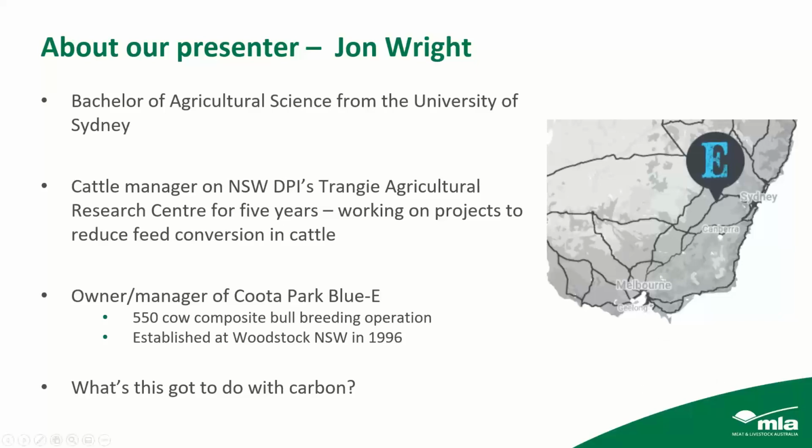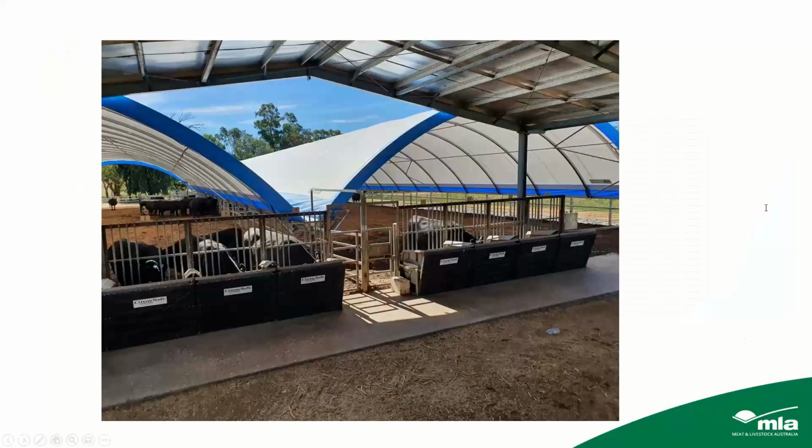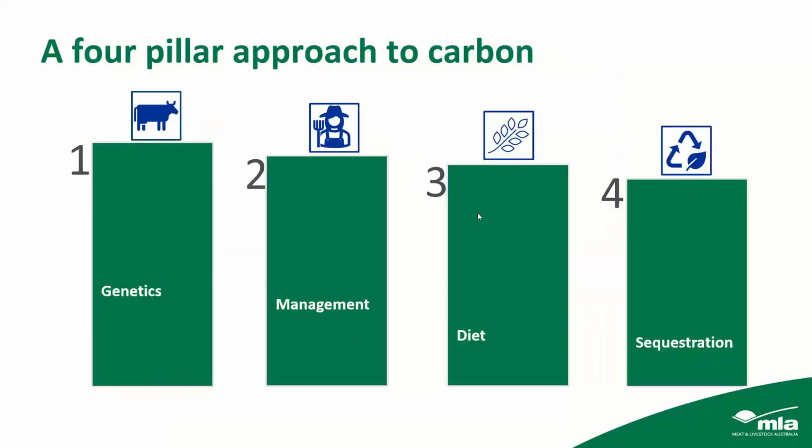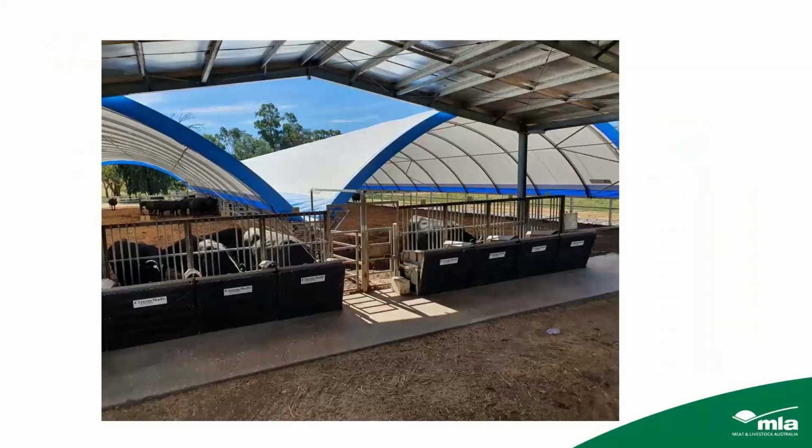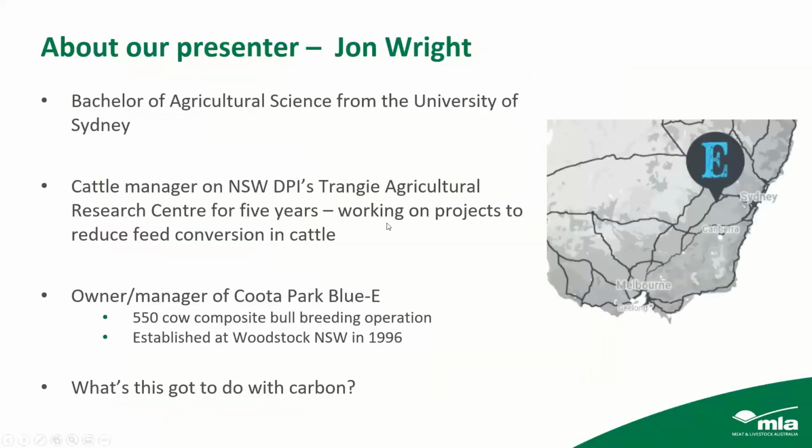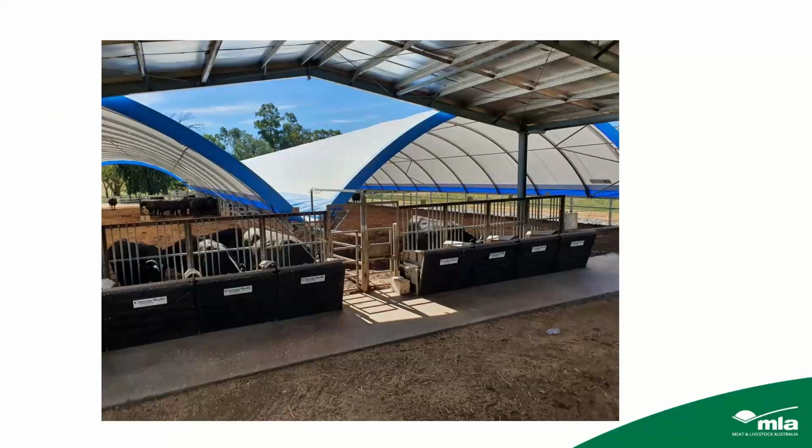We've got our Bluey herd, which we started 25 years ago. It's a composite herd. We just started with Shorthorn and Angus, creating a 50-50 cross, and created a line. The difference was that we built a facility on our farm and started testing for feed efficiency.